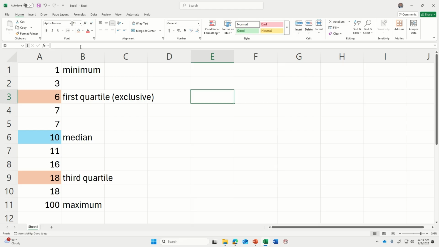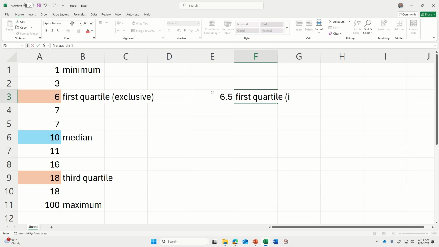The other way of doing it is I could say 6.5 is my first quartile inclusive. Because if I ignore the top half, but I include the median when I take my first quartile, then I suddenly have 6 measurements, and I've got to take the median of those 6 measurements, which is going to be halfway between 6 and 7.